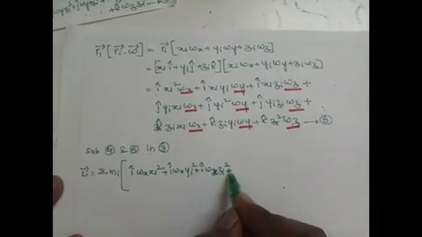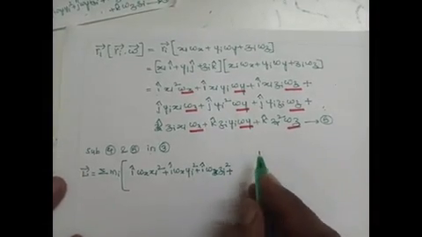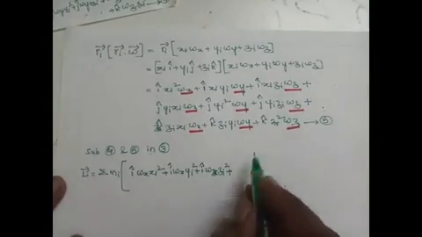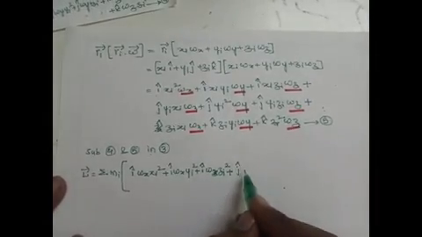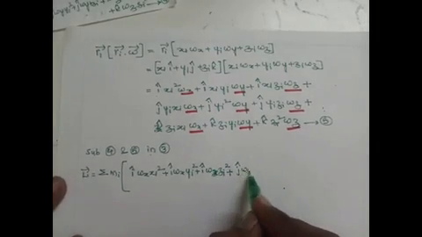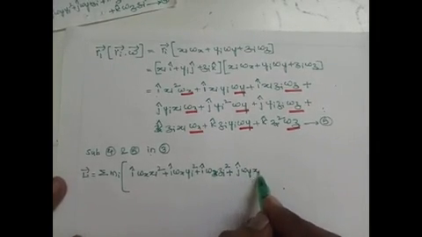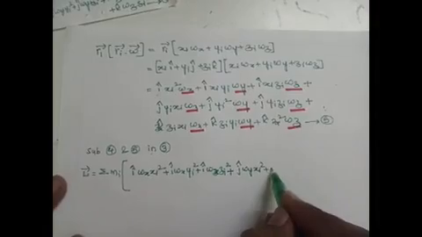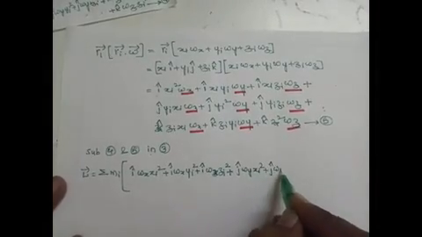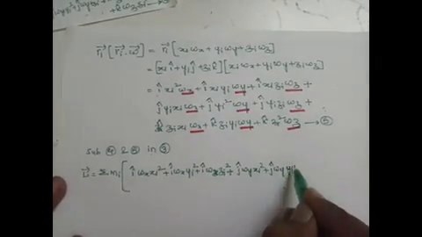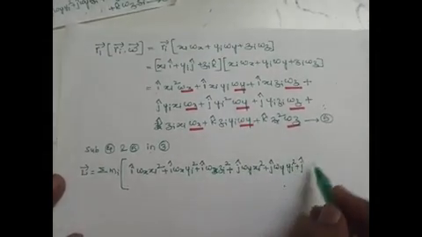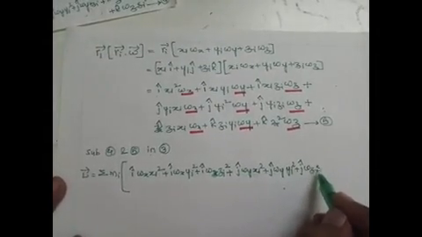Next, 9 components are there, and similarly j cap into omega y xi square plus j cap into omega y yi square plus j cap into omega y zi square.